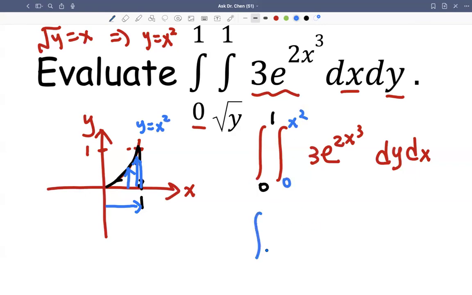Now let's integrate the y direction. Well, in y direction, this is constant. So we have 3e raised by 2x cubed, dy, then we integrate with lower limit 0, upper limit x squared.